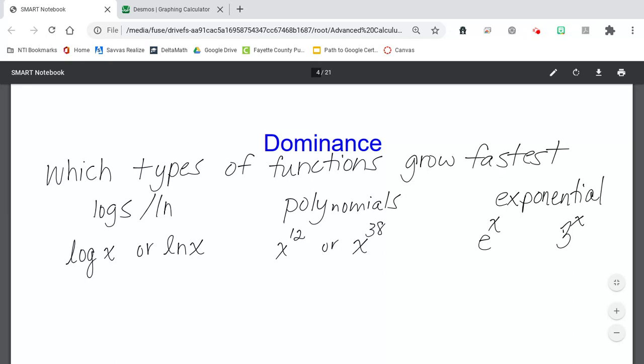Which tells me that I'm going to be in the third category of the chart, what's written in green. So my answer will either be positive or negative infinity. But I notice my options are not positive or negative infinity.